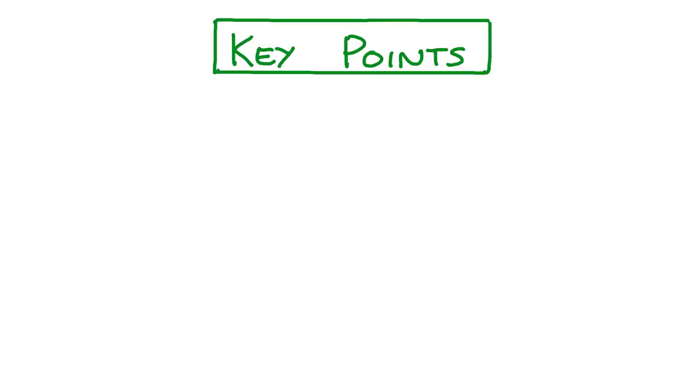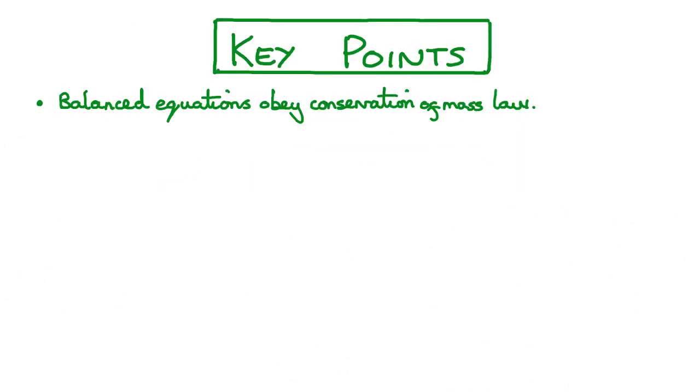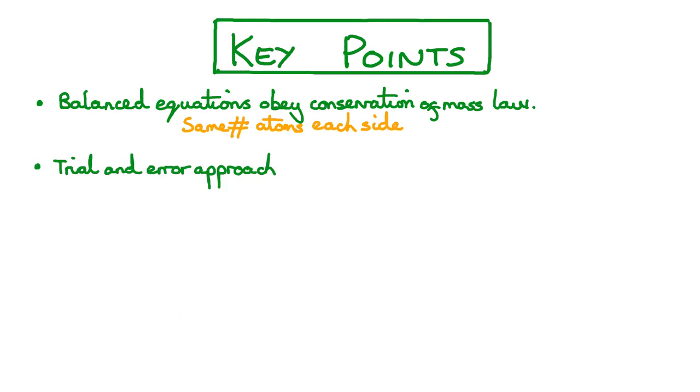Let's summarise our key points. Balanced reaction equations obey the law of conservation of mass. This means that a balanced reaction will have the same number of atoms of each element on the reactant side as it does on the product side. The process of balancing equations is sometimes a trial and error approach, but with practice you'll get better at it.